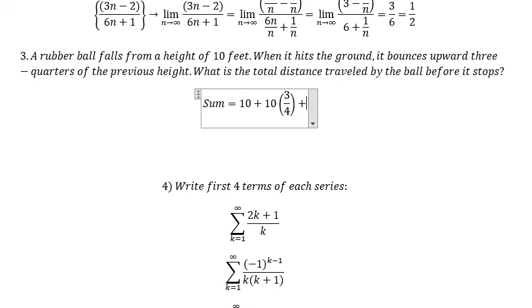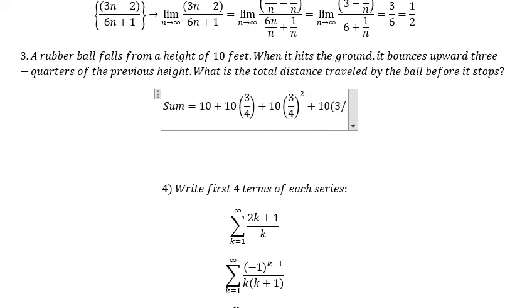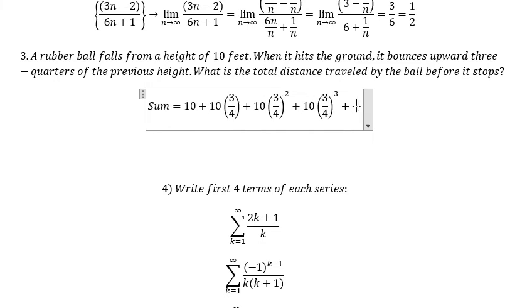The next one we have is another 10 multiplied by 3/4 to the power of 2, because the ball multiplies by another 3/4 of the previous height. So that's why we have the power 2 in here. Similar for the next one, and so on.